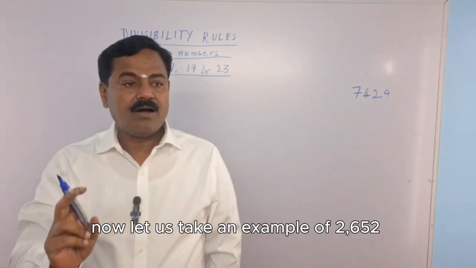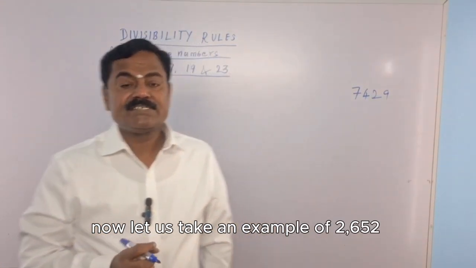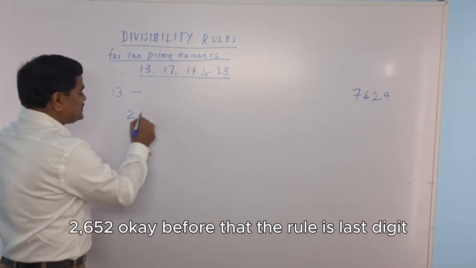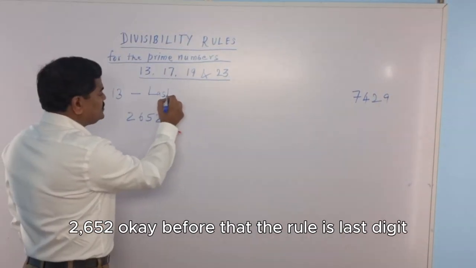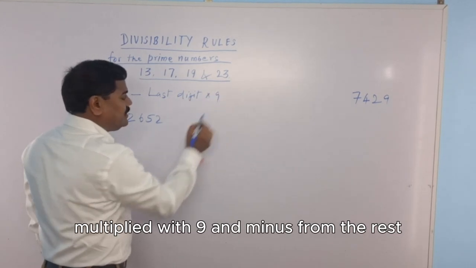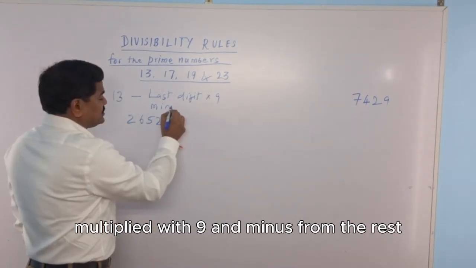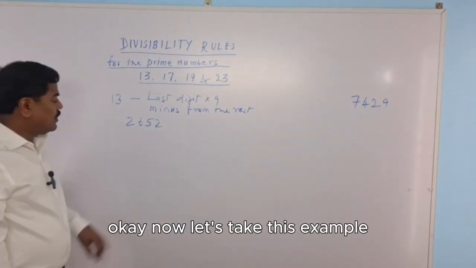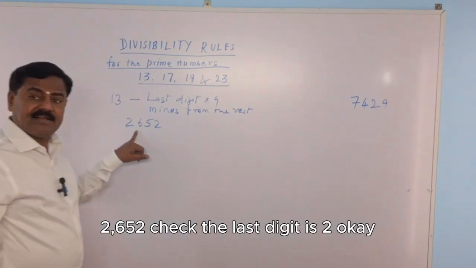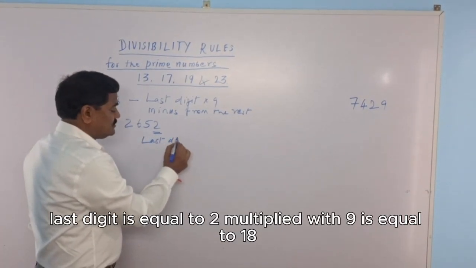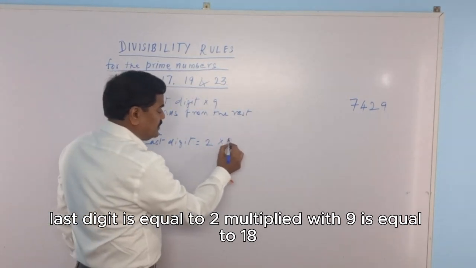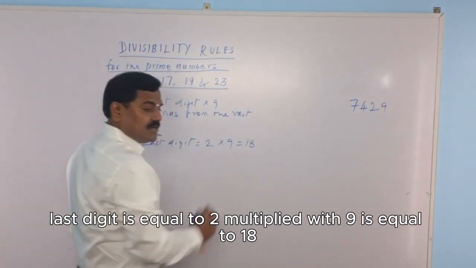Now let us take an example, 2652. The rule is: last digit multiplied with 9 and subtracted from the rest. The last digit is 2. 2 multiplied with 9 is 18.